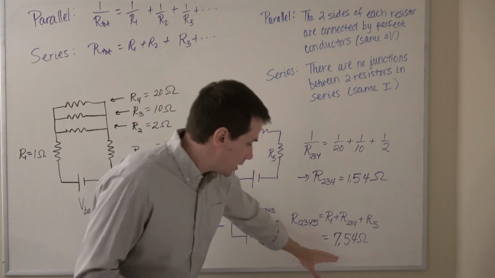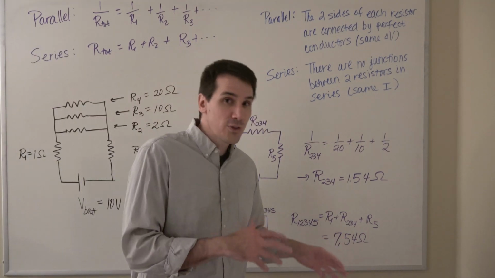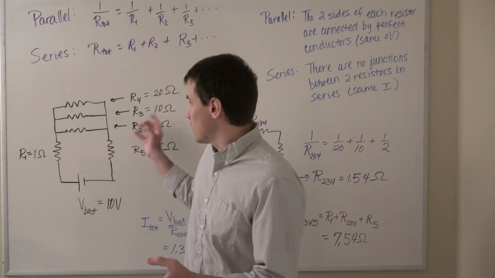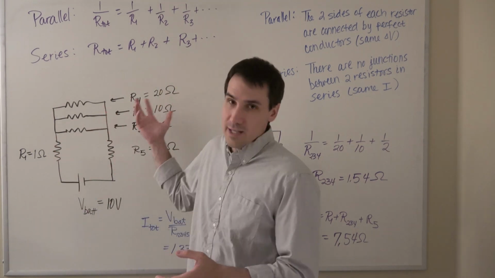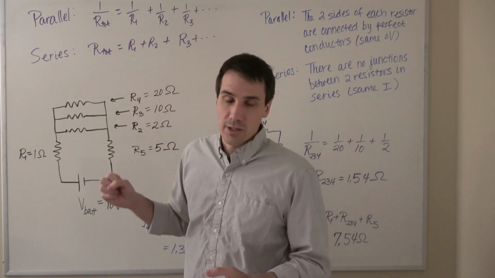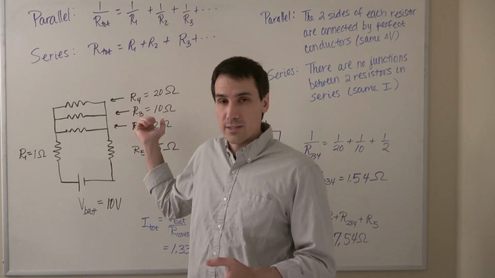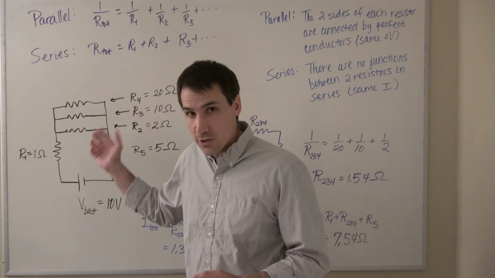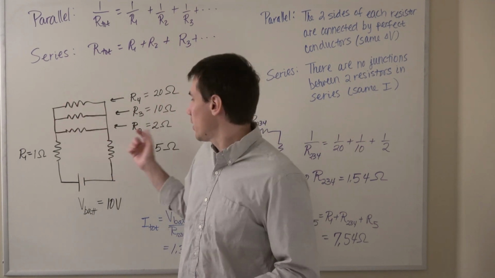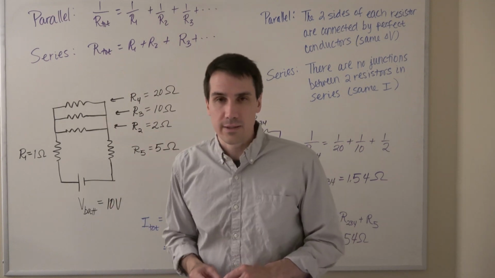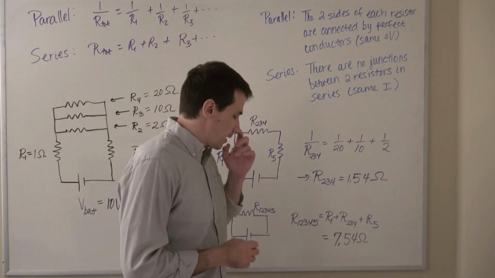So the total resistance is certainly not simply the sum of all of the resistors. In fact, it turns out in this case to be smaller than the largest resistor in the circuit, because that resistor shows up in parallel with other smaller resistors like the 2 ohm resistor.